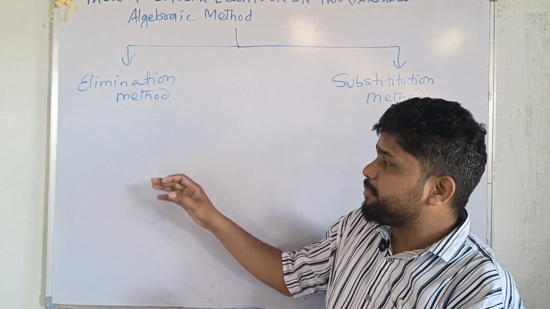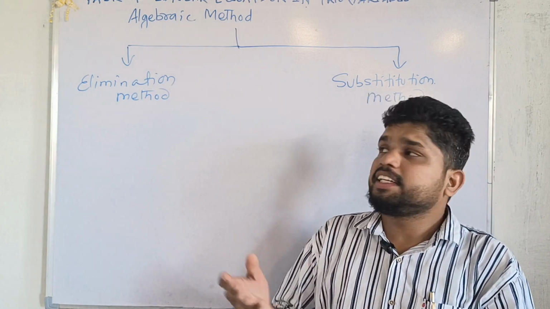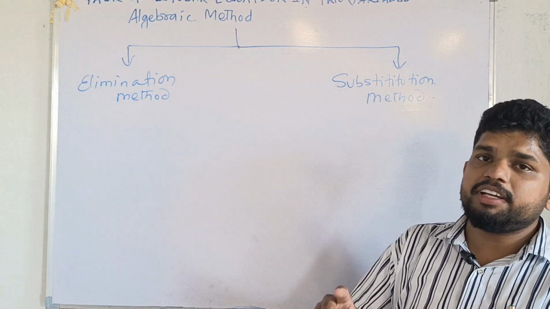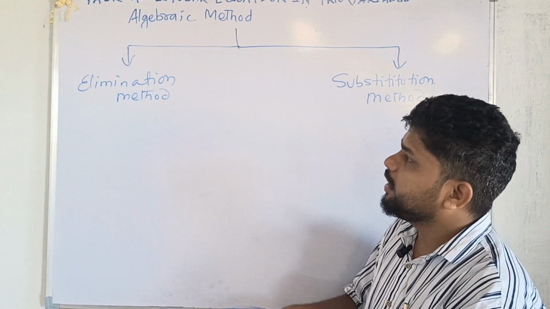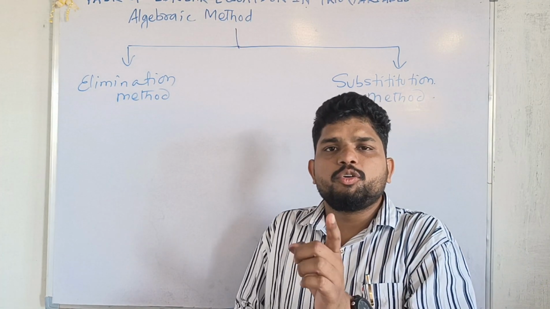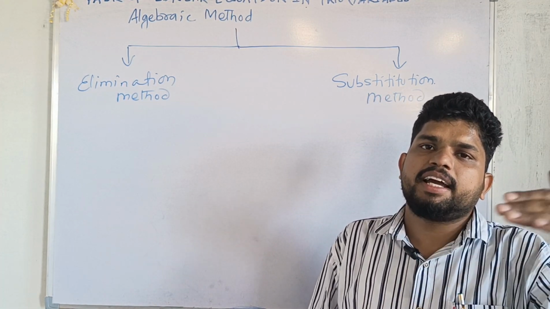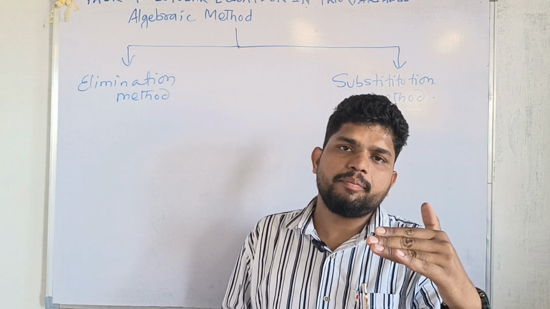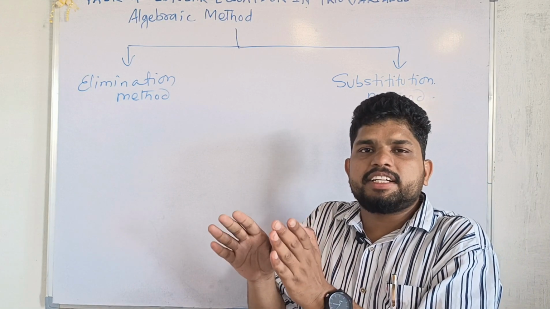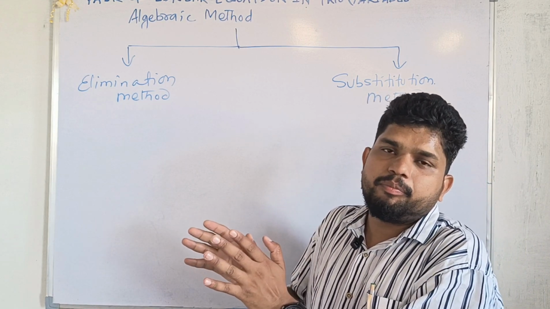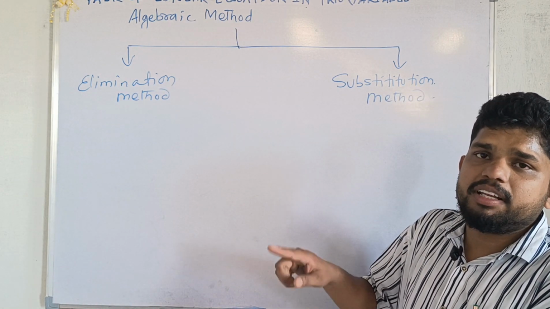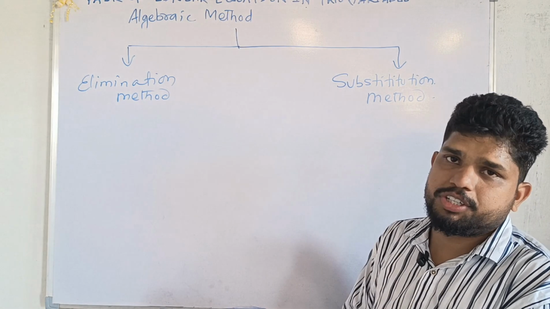You only need to focus on the elimination method and the substitution method. As the name suggests, under the elimination method, out of the given pair of linear equations, we generally eliminate any one variable by doing addition or subtraction, and the value of the variable that we get, we put into any one equation.